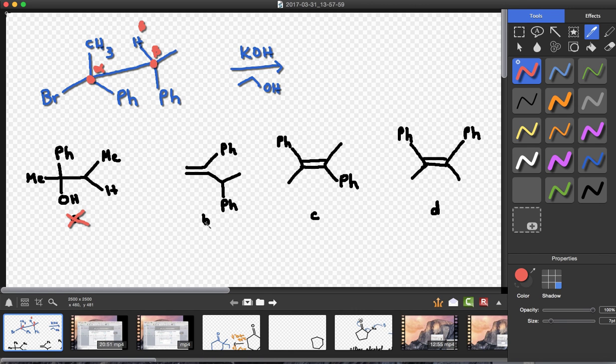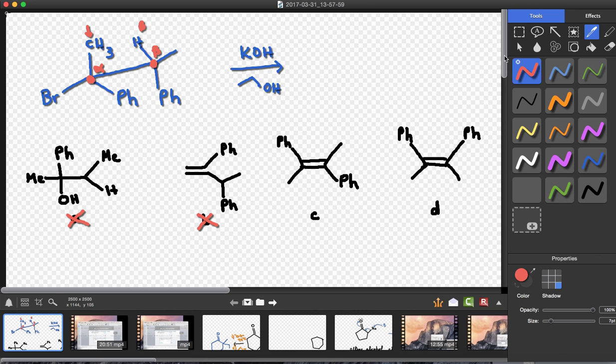Therefore, B can't be correct either, because B would be removing a hydrogen from this carbon. And it's not that that product couldn't be formed, but when we can, we'll form the most stable alkene. So the choice is really between C and D.